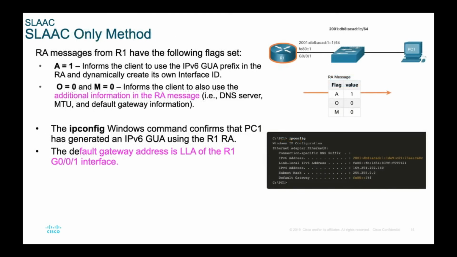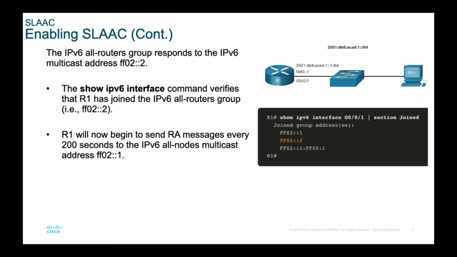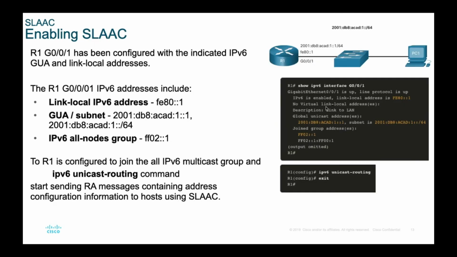Okay, so for SLAAC only, as I told you earlier, the A flag is turned on or 1, and another flag is 0. So the device will get the IP automatically, which means they get the network ID from the router IP address in here. This is the network ID. The router advertises this.